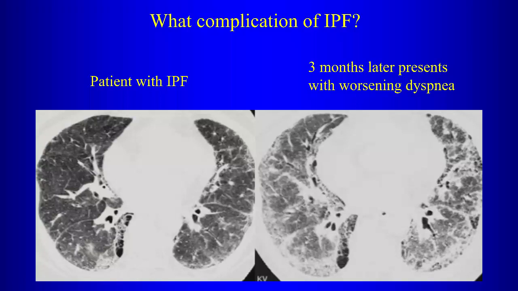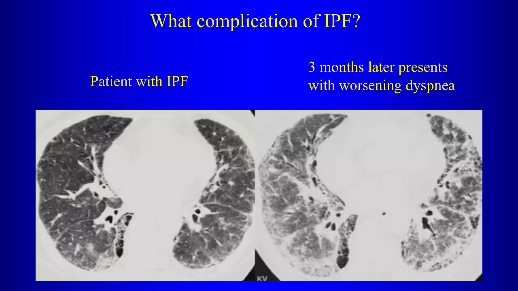And this is obviously new since the prior study, right? There's honeycombing on the right. Yeah, there is honeycombing here. So we got some honeycombing there, some reticular opacities, but all of this superimposed, and some honeycombing here too. So all of this superimposed ground glass opacity on the background pattern of IPF, what complication is this?